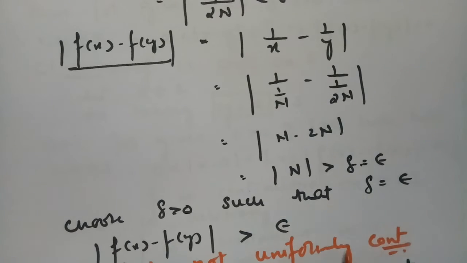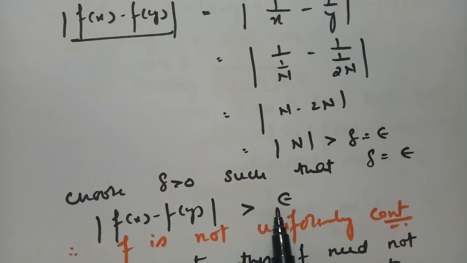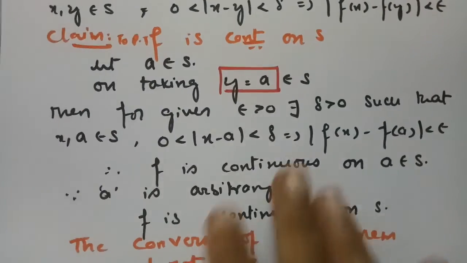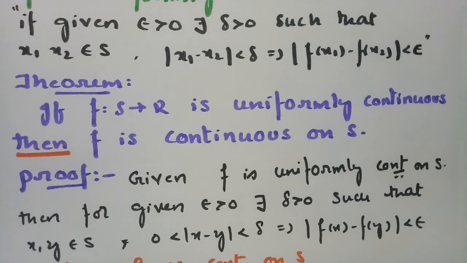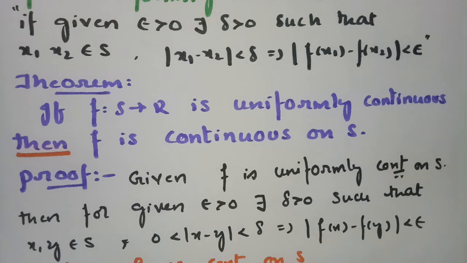After substitution, I got this value as greater than epsilon, which is false, so it is not uniformly continuous. Therefore, if f is continuous on S, f need not be uniformly continuous. So this is the theorem on uniform continuity.